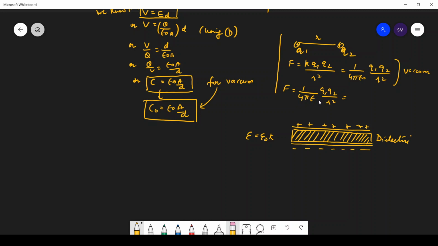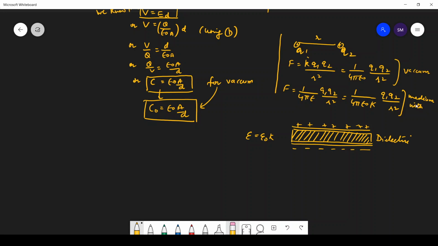And what will be the value of this epsilon? Epsilon is equal to epsilon naught K. So 1 upon 4 pi epsilon naught K is different from this K. You can see this is small k, Coulomb's constant, and this K is dielectric constant, and Q1 Q2 by R square. So this was the force in vacuum, this is the force in medium with dielectric constant K.